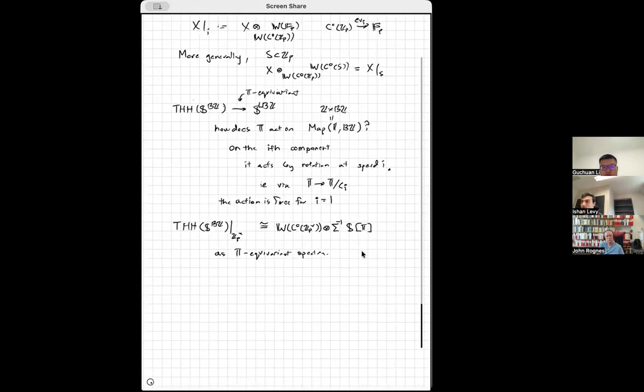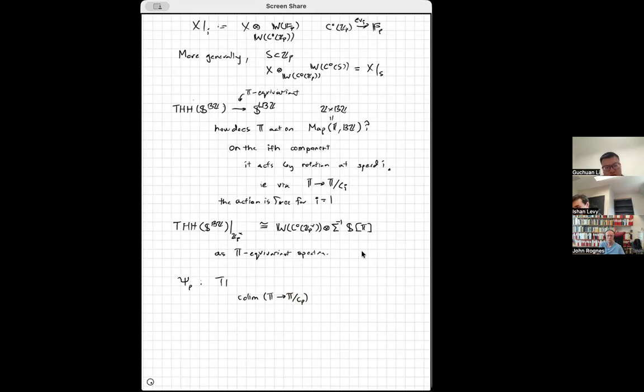Okay. Now for what happens on the other components, here's an observation: there's a map we haven't really considered yet from THH to itself, which I'll call psi_p. THH is the colimit in the E-infinity rings of the circle, but you could have taken the colimit of the circle parametrized p times faster, and there's this comparison map.